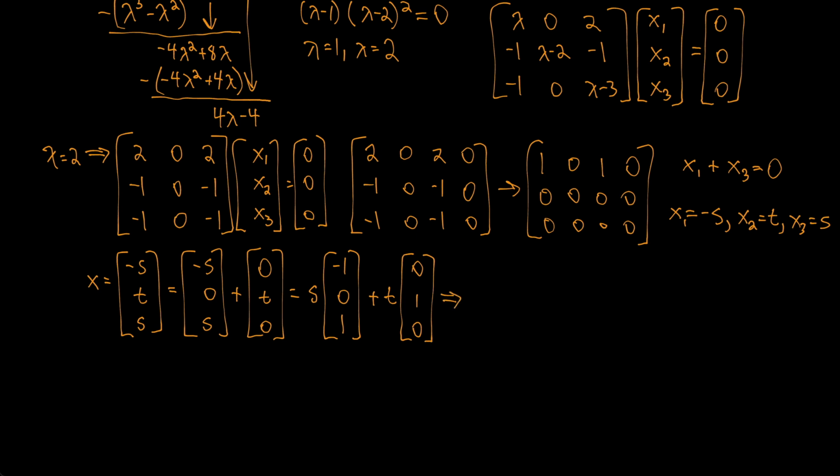Great, so that means that I've got two vectors in my basis. I've got minus 1, 0, 1, and I've got 0, 1, 0.